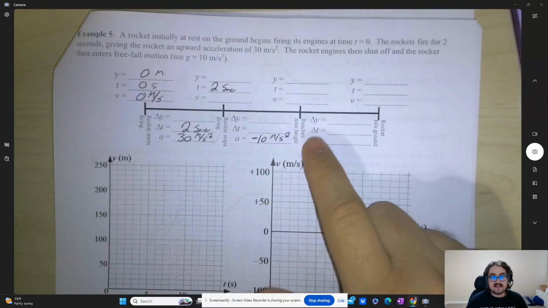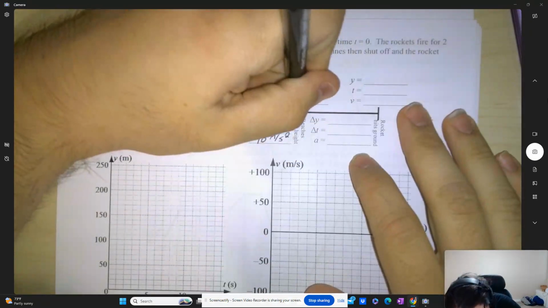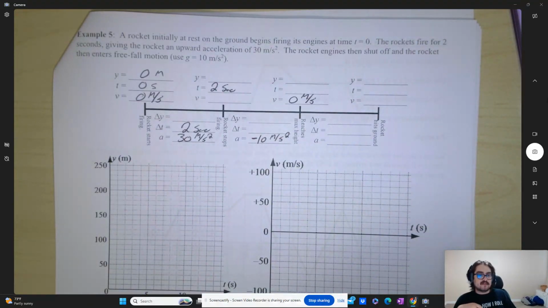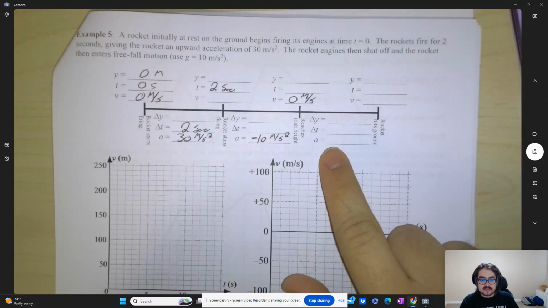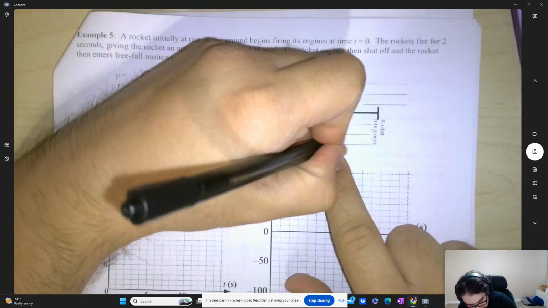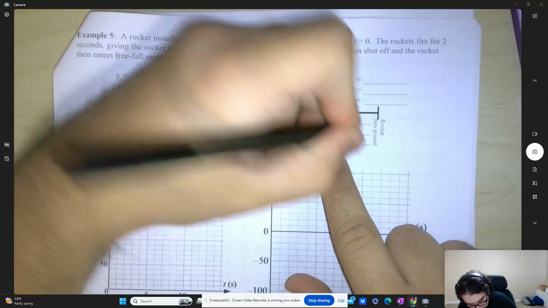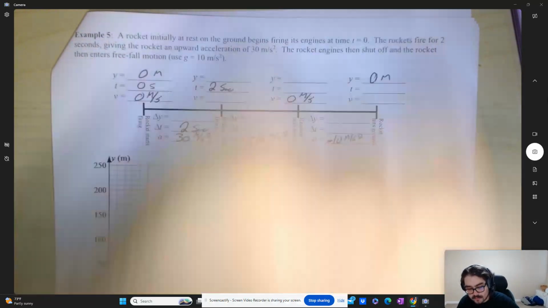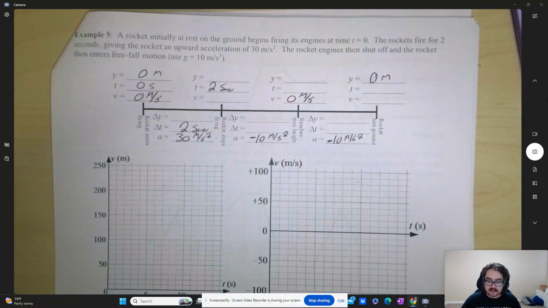We should know that at the maximum height, the velocity should be 0 meters per second, because if it's at the top, the velocity momentarily becomes 0 before changing directions. And then the acceleration as it's falling is still negative 10. And when it hits the ground, it should be back to 0 meters. So it's going to be a really funky ride.